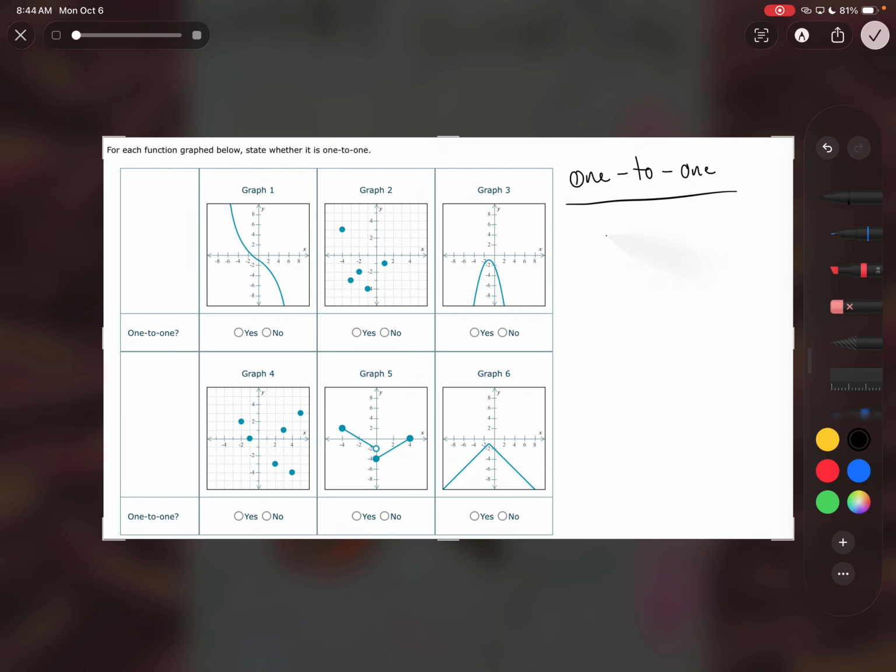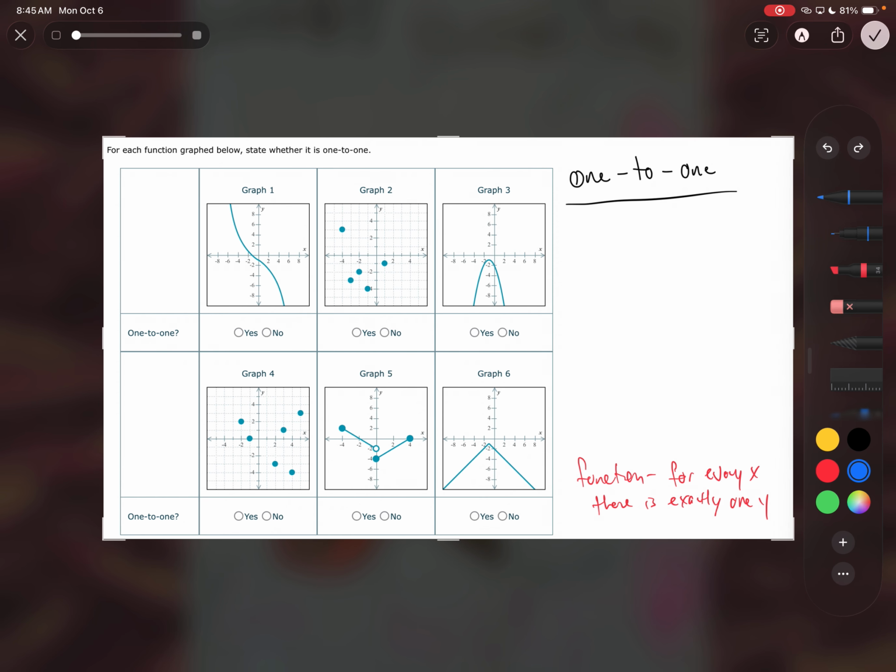To be a function, the definition was: for every x, there is exactly one y. For a one-to-one function, it's both.